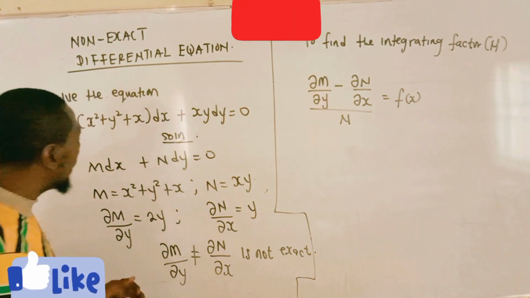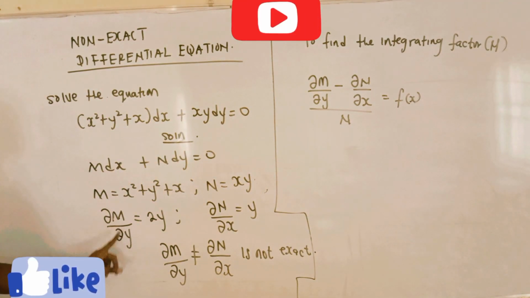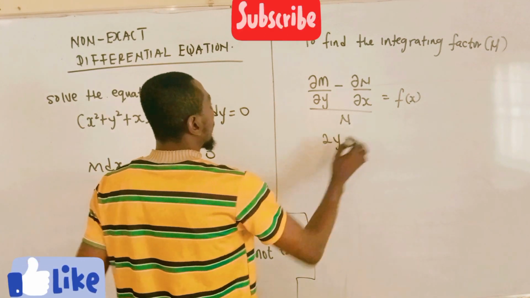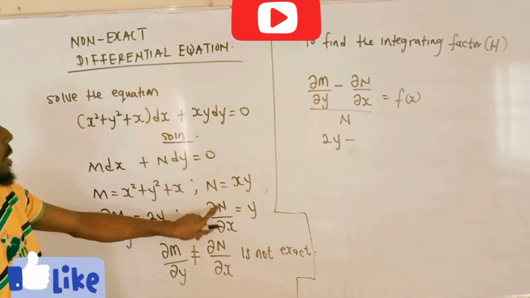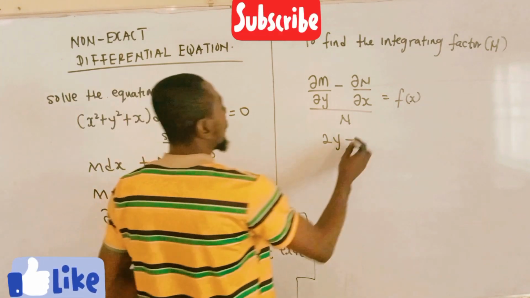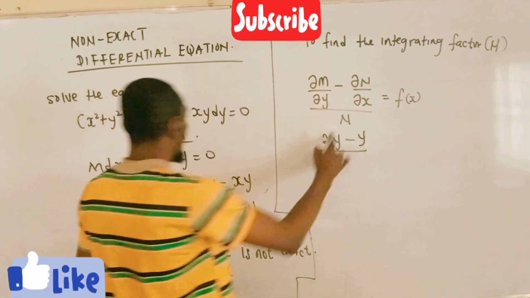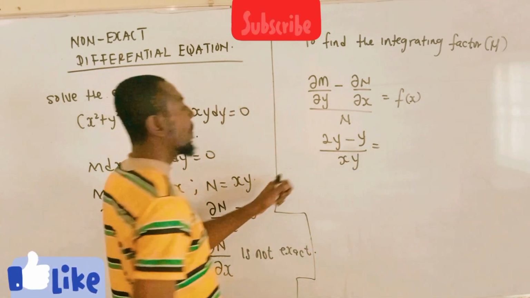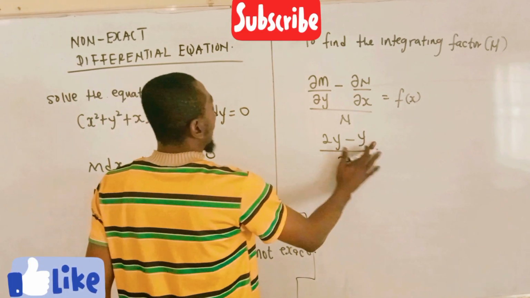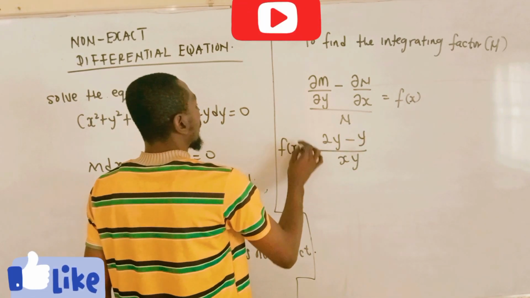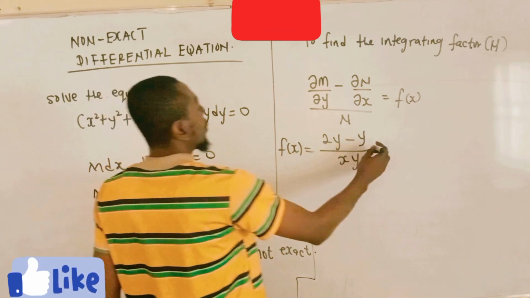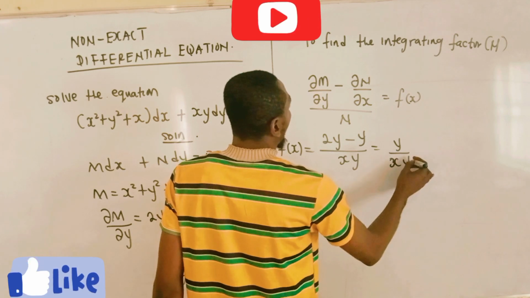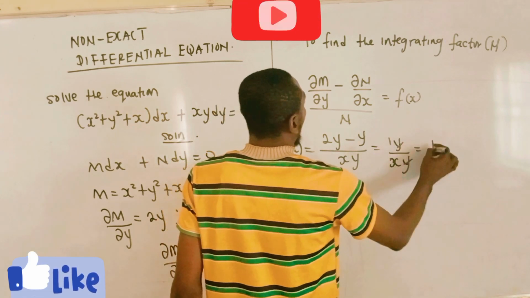And we can examine that. Since the partial differentiation of M with respect to y here is 2y, minus the partial differentiation of N with respect to x, which is y, all over N, and of course N is xy. Let's check if it's a function of x. So 2y minus y is y, over xy, and then y cancels y there. We have 1 over x.